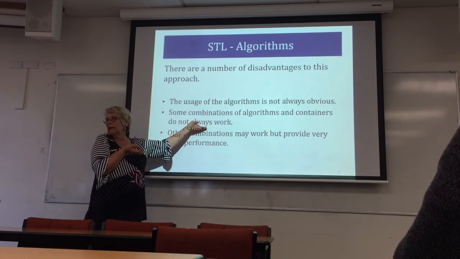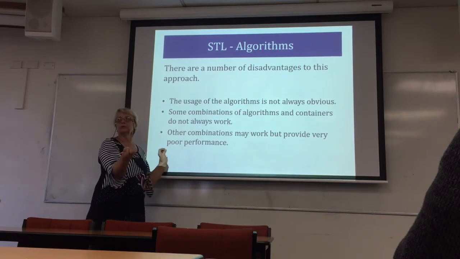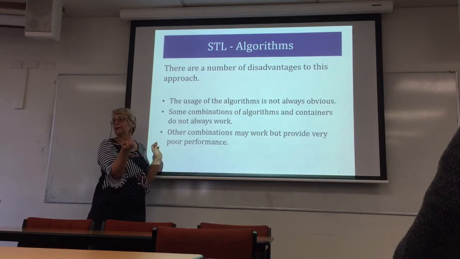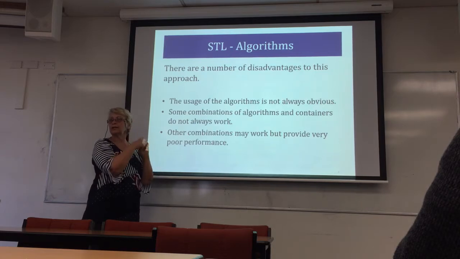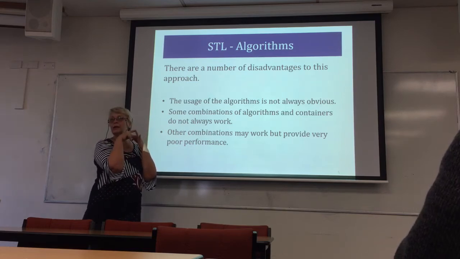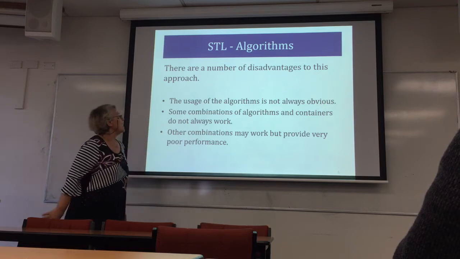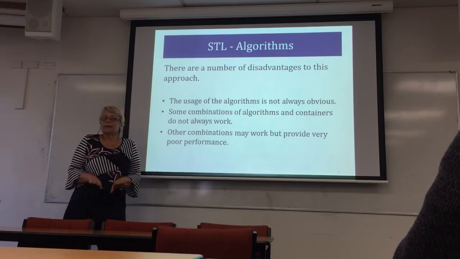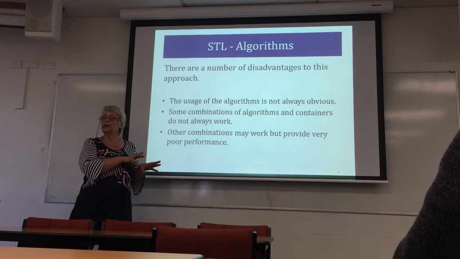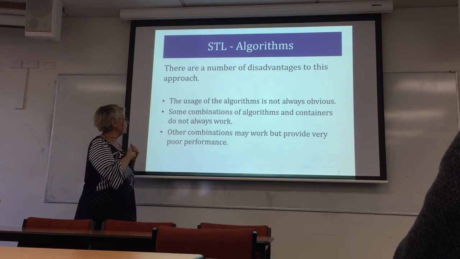Therefore, minimum element can be applied to any container because most of them provide forward iterators. But sorting cannot be applied to any iterators, only to those providing random access, which are C arrays, vector, and double-ended queue. And if you apply the algorithm without knowing this, you get garbage, as we will see in an example I will show you.